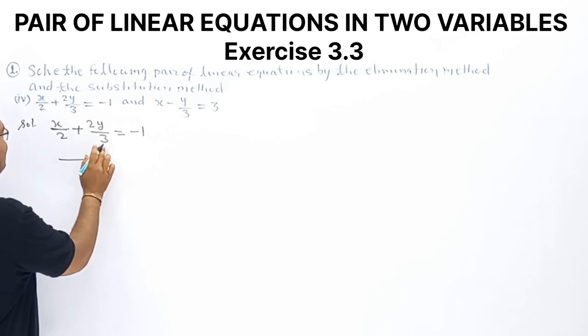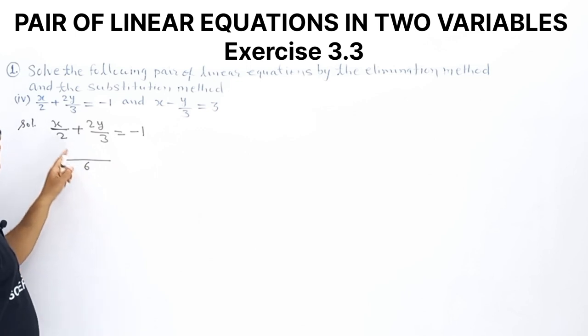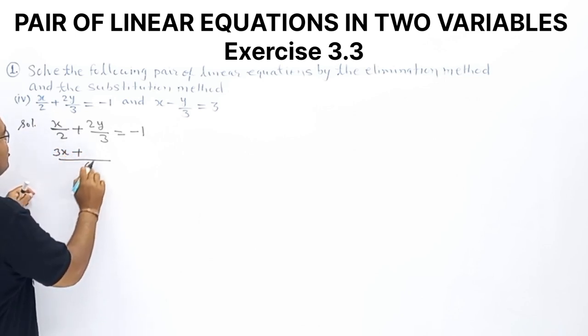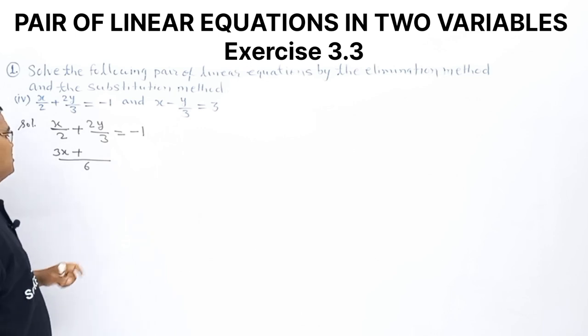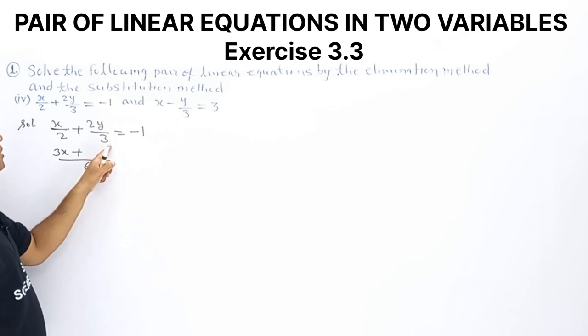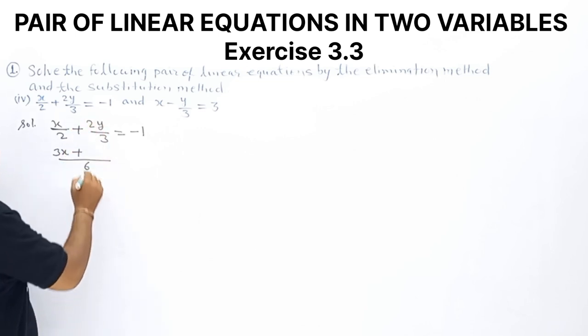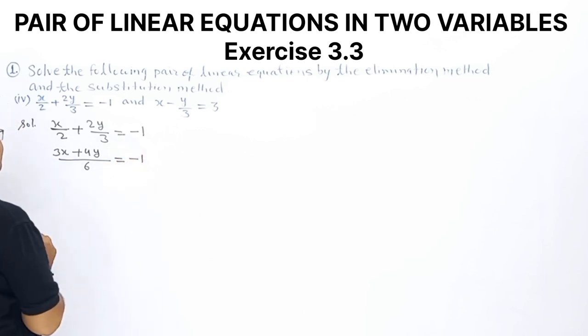The LCM is 6. 6 divided by 2 we get 3, multiplied by the numerator gives 3x. 6 divided by 3 will be 2, multiplied by the numerator 2y gives 4y, equal to minus 1.